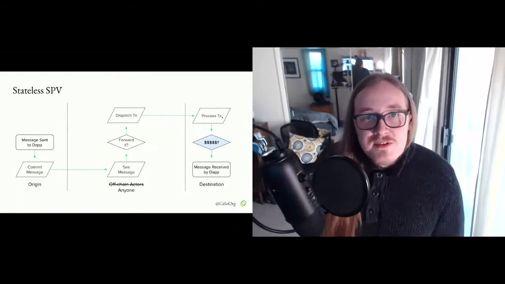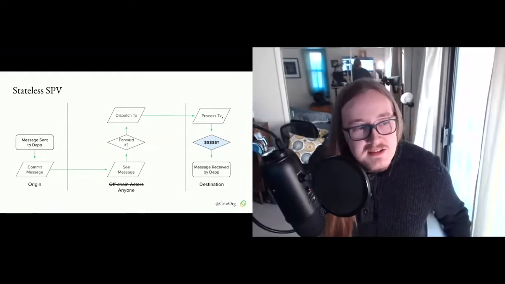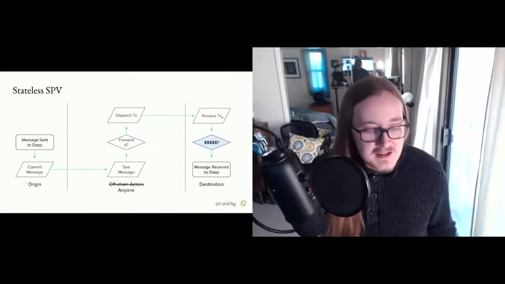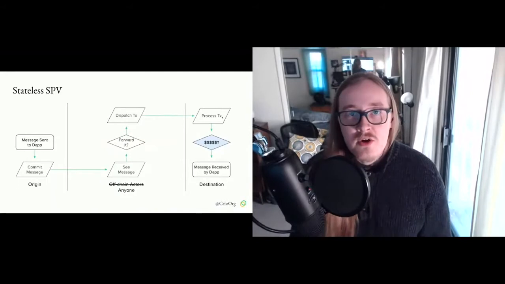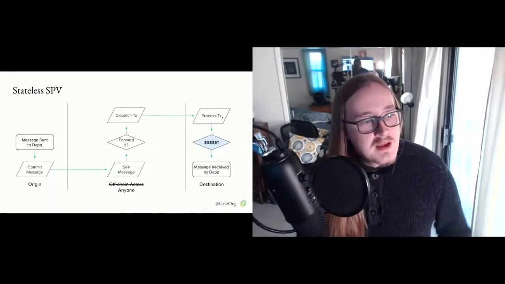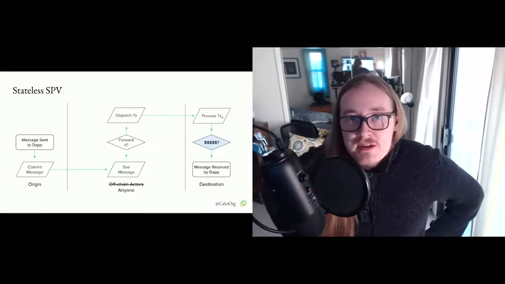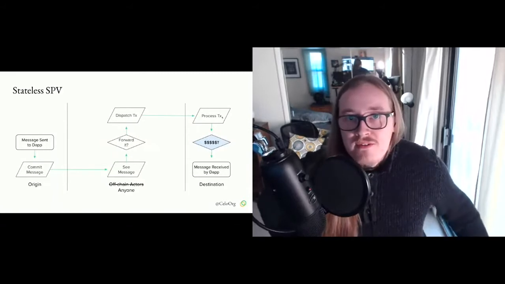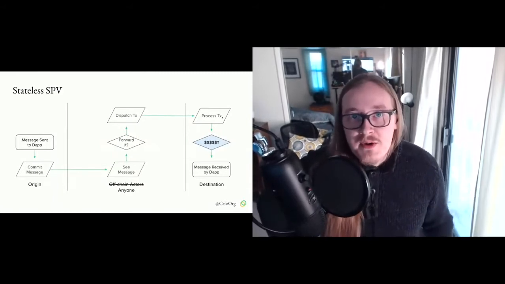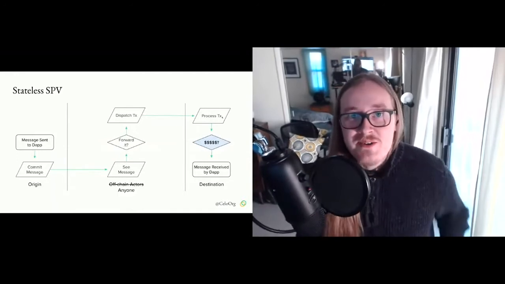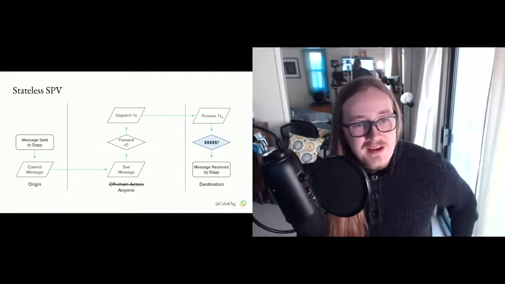So stateless SPV is really nice in some ways. It's small. It's no ongoing process. That's why we call it stateless, it needs no outside information. And anyone can participate. Unlike proof of authority or federations, anyone can construct this SPV proof from Bitcoin, can go get those Bitcoin headers with the transaction in it.